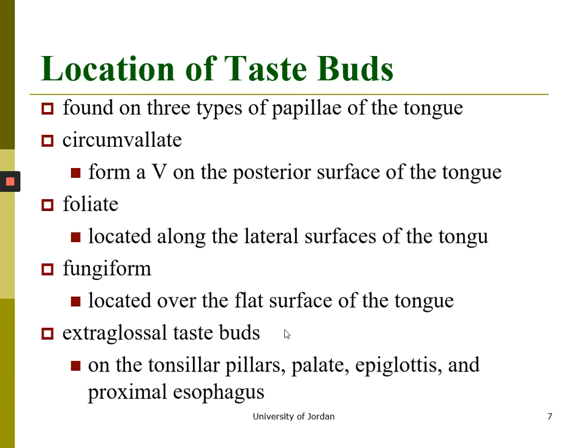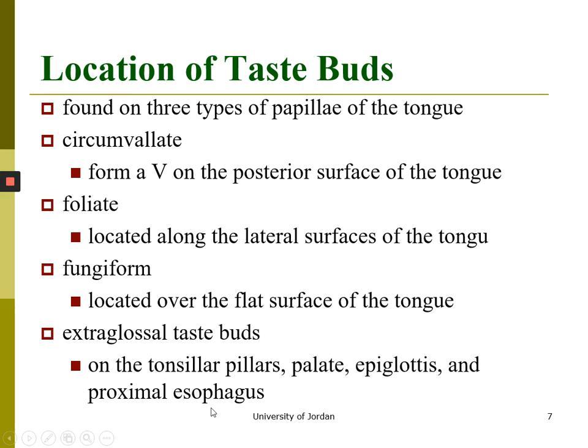Where are these taste buds found? These taste buds are found inside the papillae. There are the circumvallate papillae, which are V-shaped on the posterior surface of the tongue, foliate papillae located along the lateral surface of the tongue, and fungiform papillae located over the flat surface of the tongue. These papillae contain taste buds, with extraglossal taste buds on the tonsils and palate.